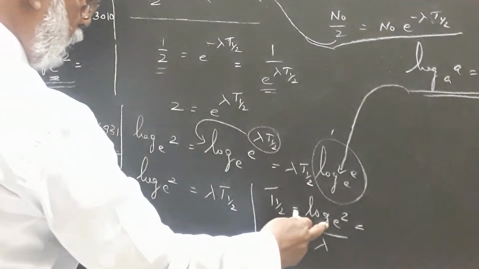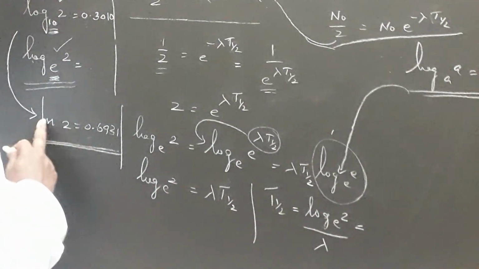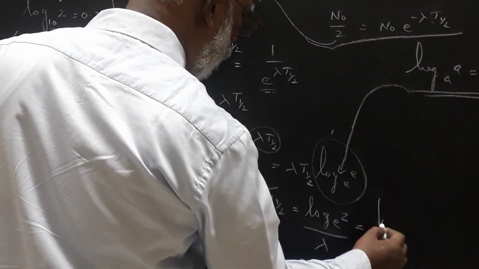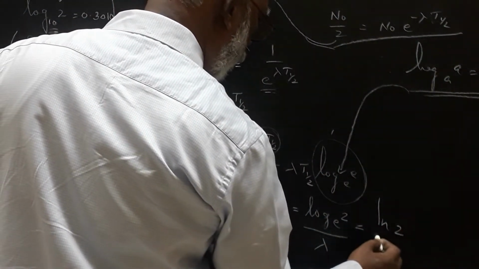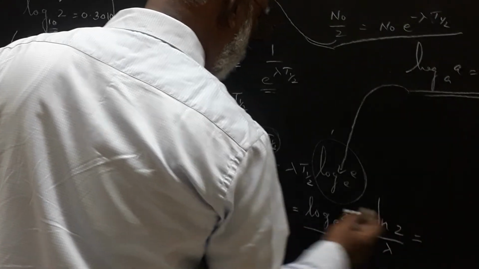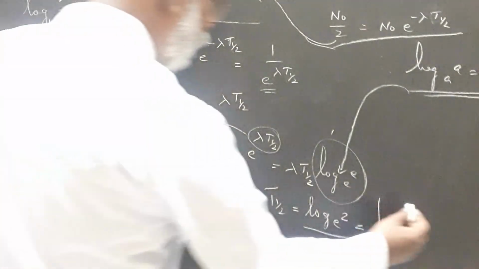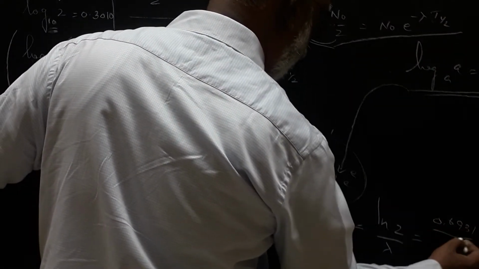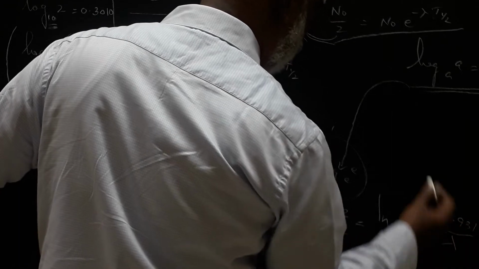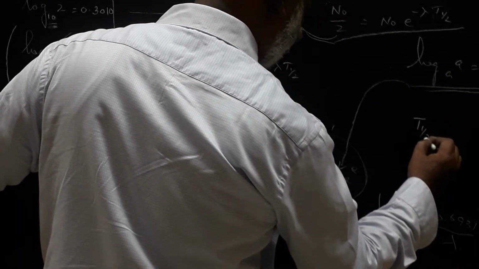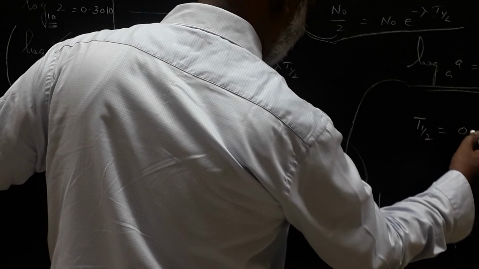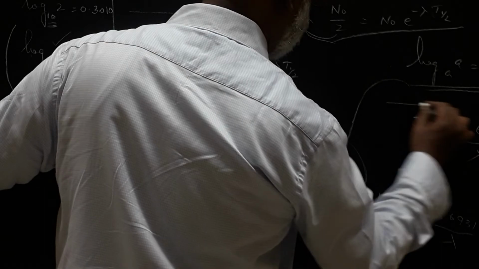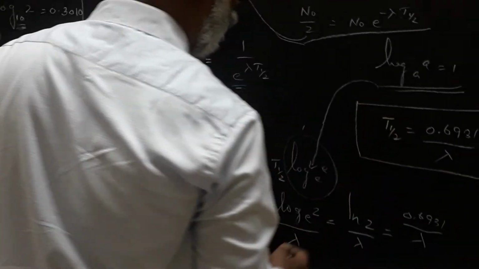Here, the value of the natural log of 2 you have to write like this: t of equals natural log of 2 by lambda, and this value is 0.6931 by lambda. This is the t of equation for half-life.